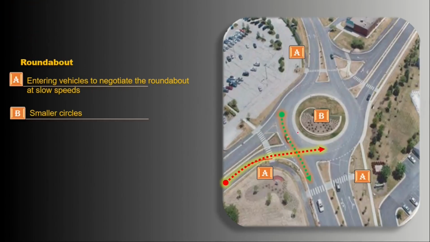So the island radius has to be not too small, but small enough to induce circulating traffic to operate at a controlled speed. But how does the roundabout geometry manage this crossing maneuver safely?